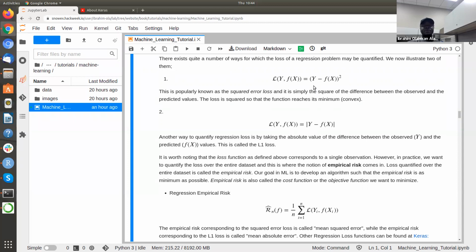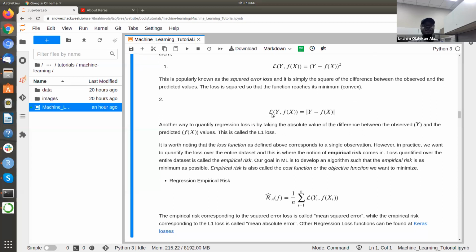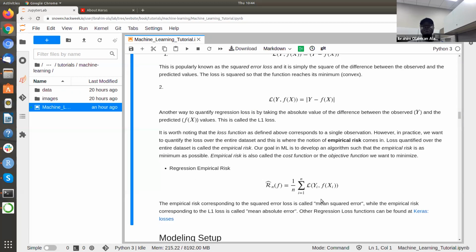So if you are using the squared error loss, then your empirical risk is simply the mean squared error. And if you are using the absolute difference between your y and the predicted y, then your empirical risk is called the mean absolute error.